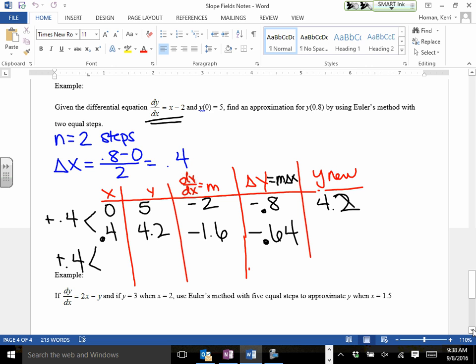That's our change in y. So we take our y of 4.2, we add the negative 0.64, so our new y is 3.56. So now at 0.8, our y value is 3.56.